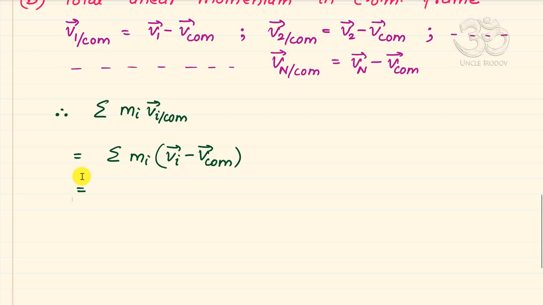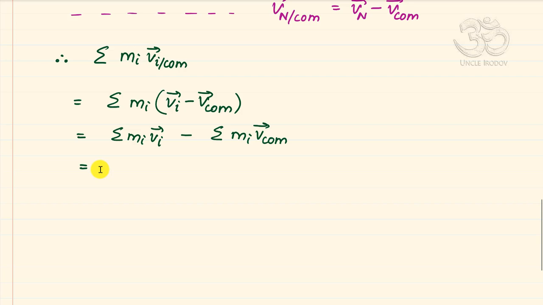I club the first term of each bracket and I get summation of mi vi minus, and then I club all the second terms of all the brackets, summation of mi v center of mass. I keep the first term as it is, summation of mi vi minus, because I have n terms and each of those terms has a v center of mass in it. I can take that common and get v center of mass times summation of mi.